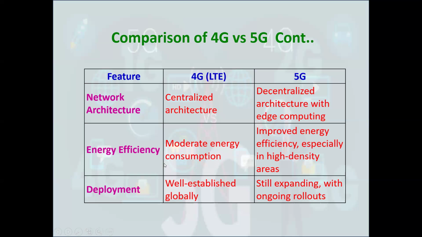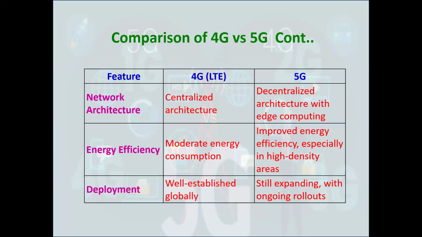So the next feature is energy efficiency. The 4G network generally consumes more power relative to its performance capabilities, leading to higher operational cost and environmental impact. But 5G technology is designed with greater energy efficiency in mind.